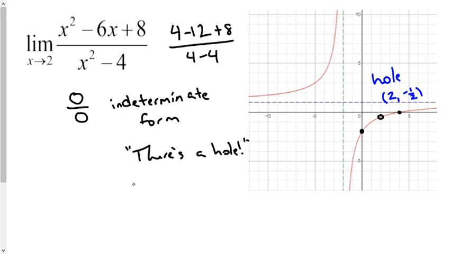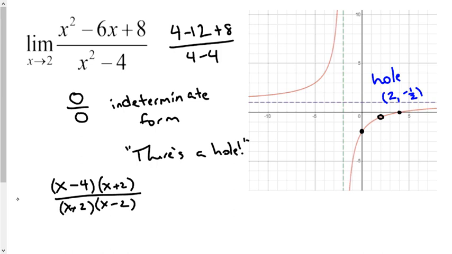Now, what we've seen in the past is if we take some time to factor this, we can factor that to be, let's see, x minus 4 and x plus 2. And on the bottom, we're going to get an x plus 2 and x minus 2. Like that.